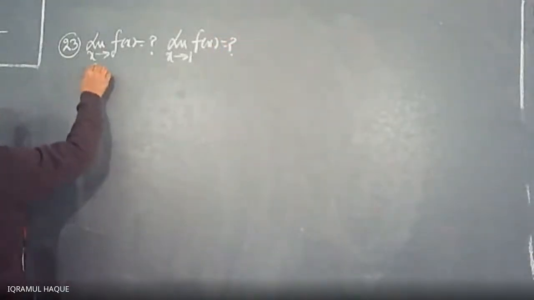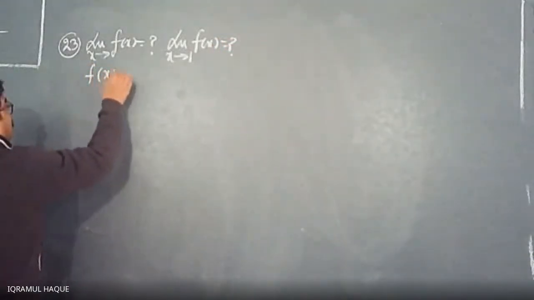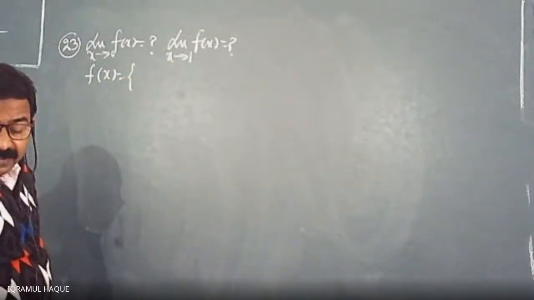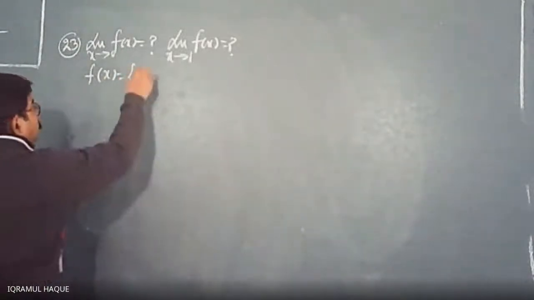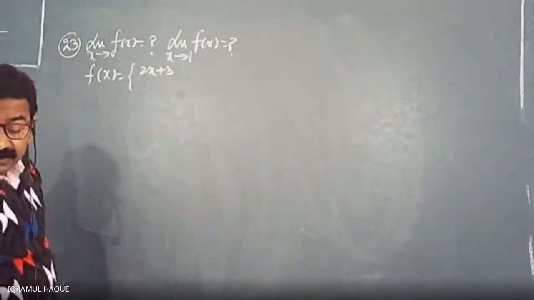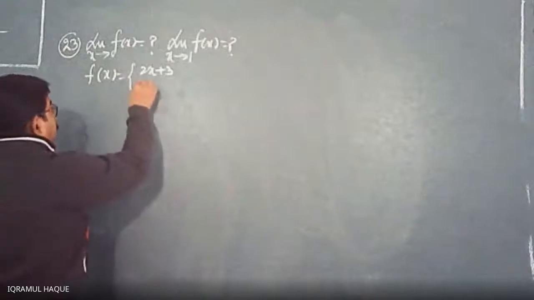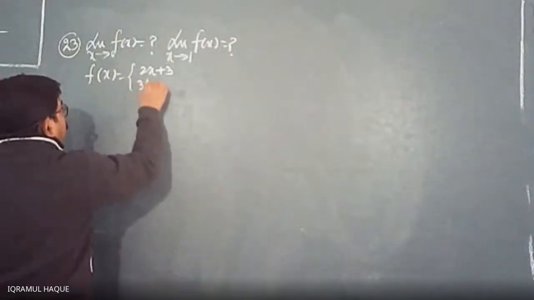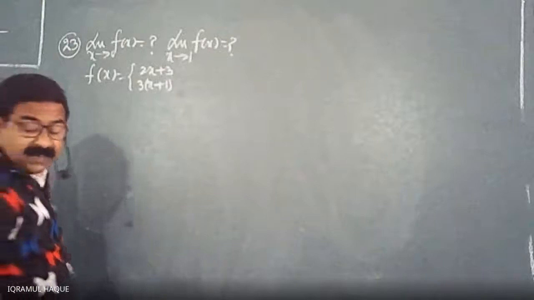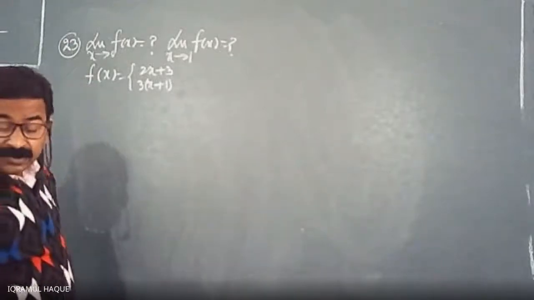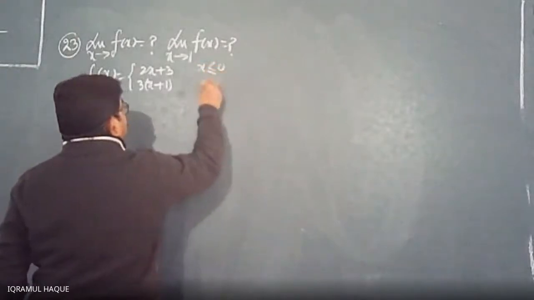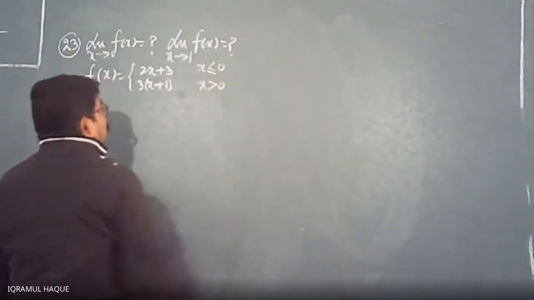Now we are given f(x) is equal to, we have two functions: 2x plus 3 when x is less than or equal to 0, and 3 times (x plus 1) when x is more than 0.